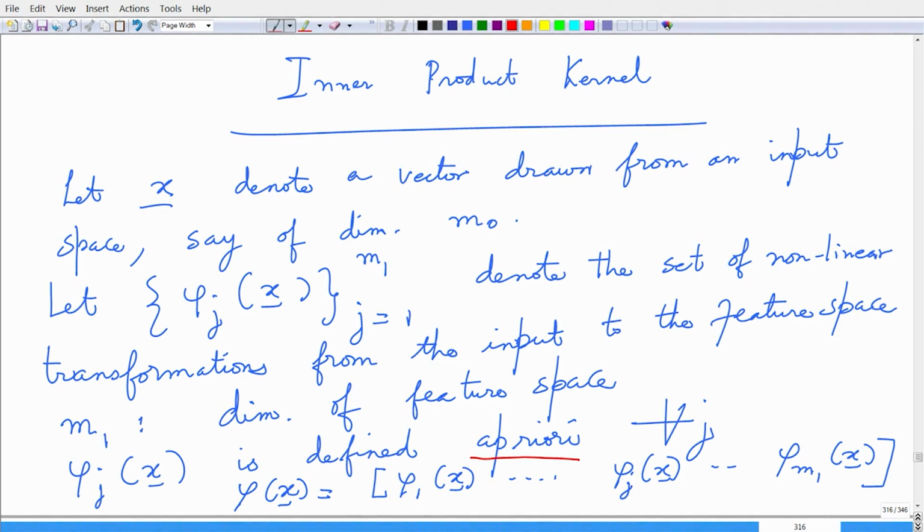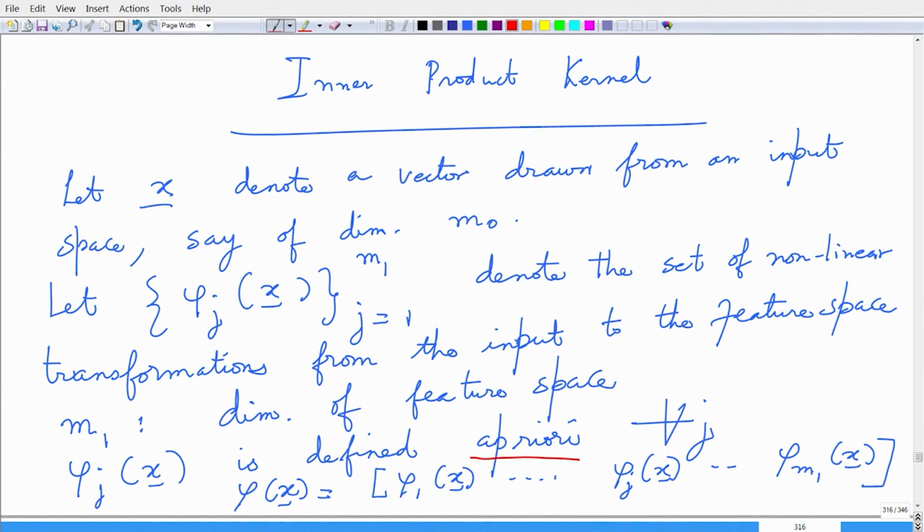But in more abstract terms, phi of x is basically a vector in m1 dimensional space with coordinates phi 1 of x so on till phi m1 of x, and each coordinate can be a function of this vector x, right, and it is a scalar quantity.